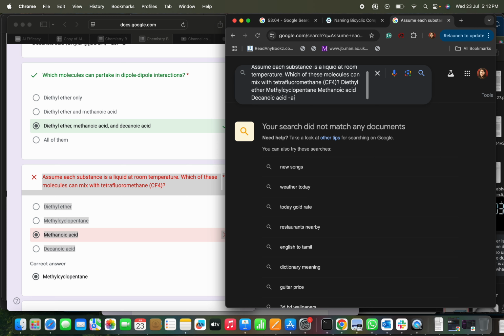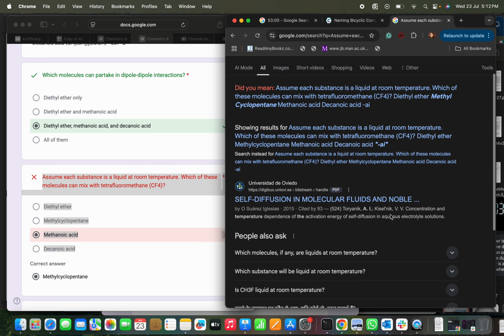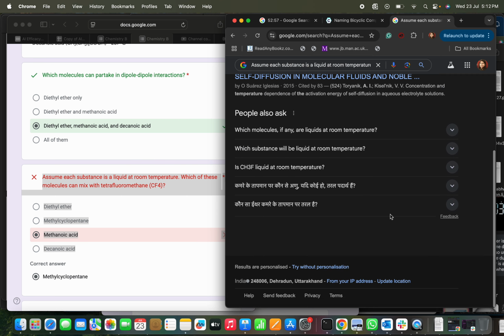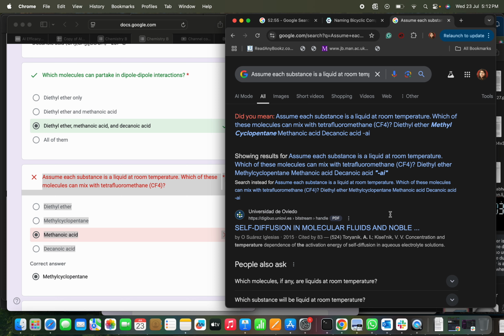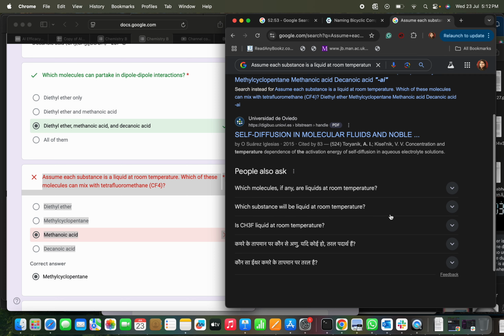This can mix with ethanoic acid. Okay, this is very taxing. It's very difficult.